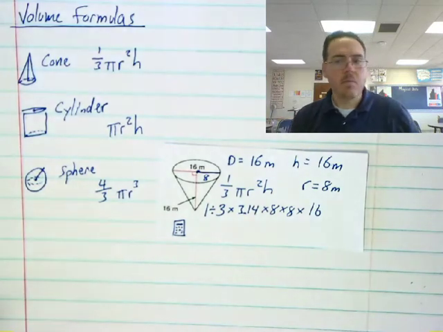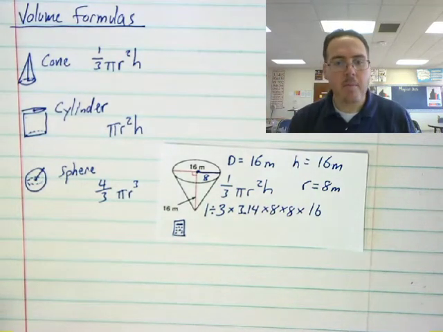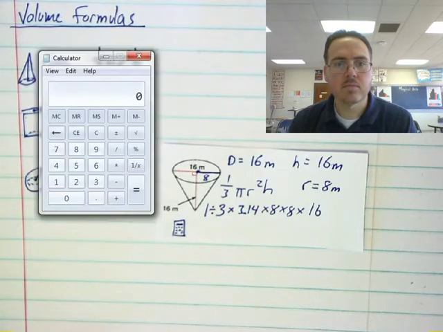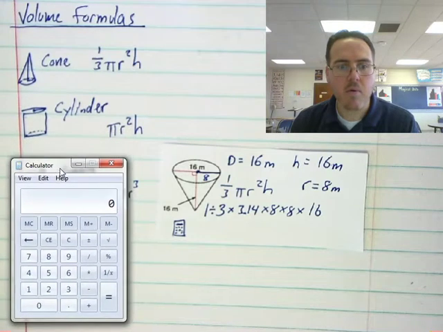So I'm going to pull up my calculator. And let's see what that comes out to be. So 1 divided by 3 times 3.14 times 8 times 8 times 16.